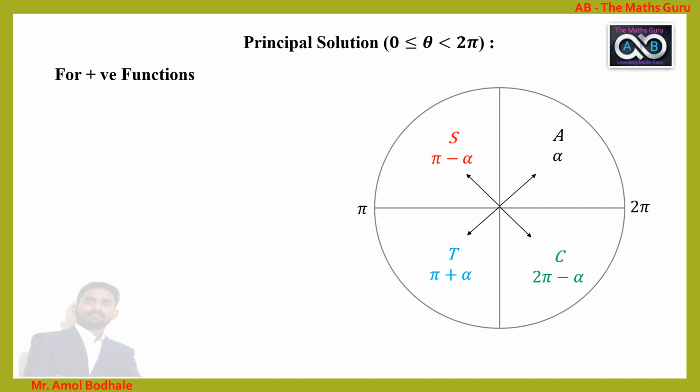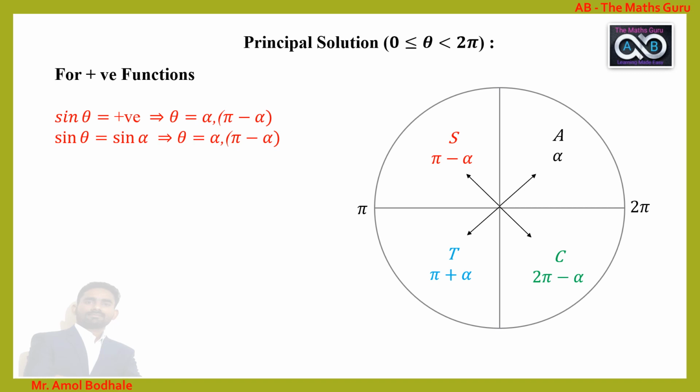Let's see how we can remember these tricks for positive trigonometric functions. If sine theta equal to some positive value is given, then its principal solution will be theta equal to alpha and pi minus alpha. That is, if sine theta equals sine alpha, then the principal solution will be theta equal to alpha and pi minus alpha.